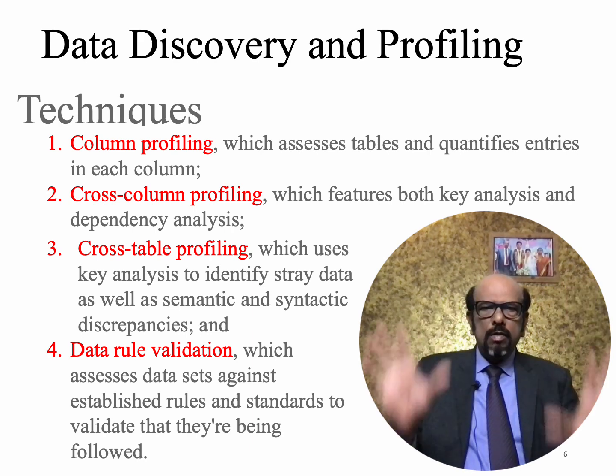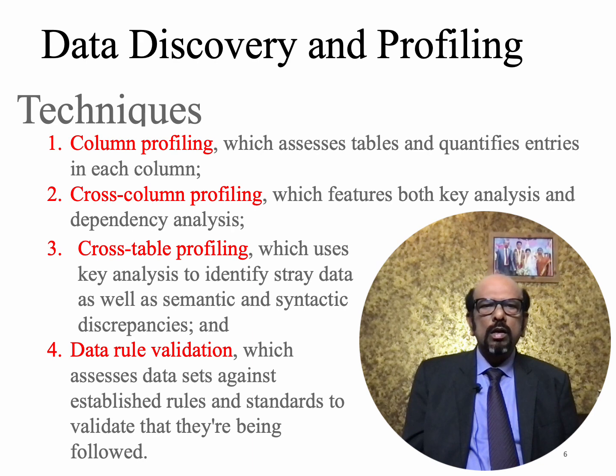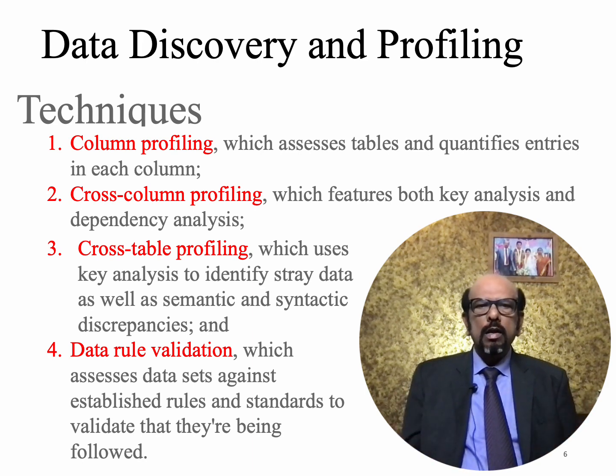So across the tables, if there are some stray values, you can find them. Similarly, data rule validation. For example, in a particular domain, if there are certain data validation rules, you apply them. In the marks, for example, if one student is a bright student in mathematics, his other marks must also be higher.